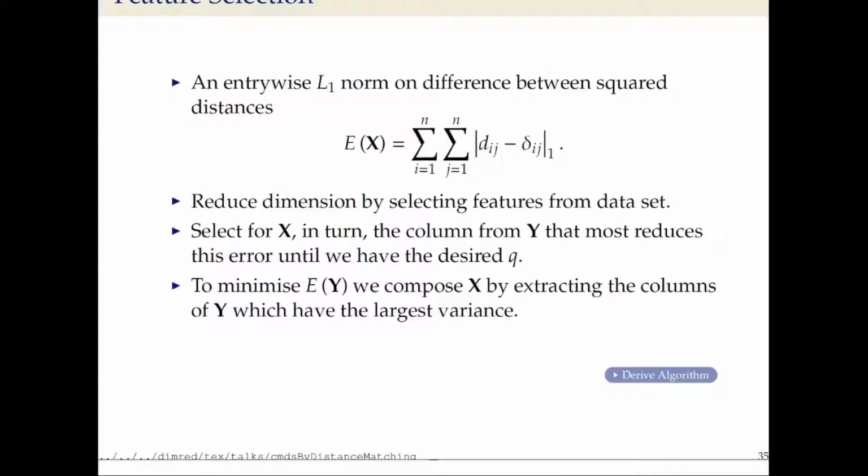And if you do that, it tells you something very simple and obvious in retrospect. You can do the derivation. It says, choose the columns of y that have the largest variance. Look at where the variance is largest and choose those. So if your data was isotropic, as someone mentioned before, you would be in a bit of trouble. So you just measure the variance independently of every dimension and choose the ones with largest variance.